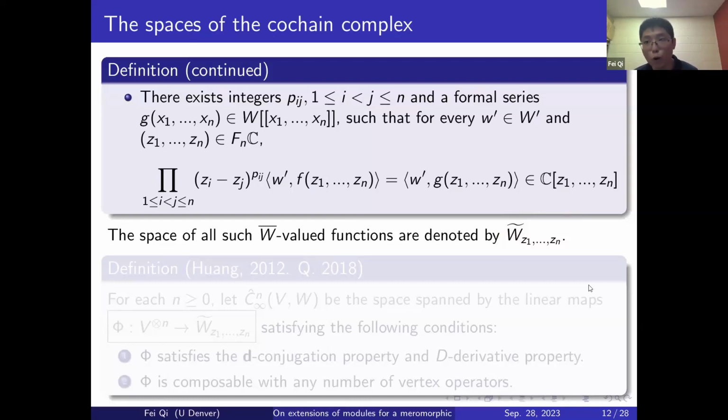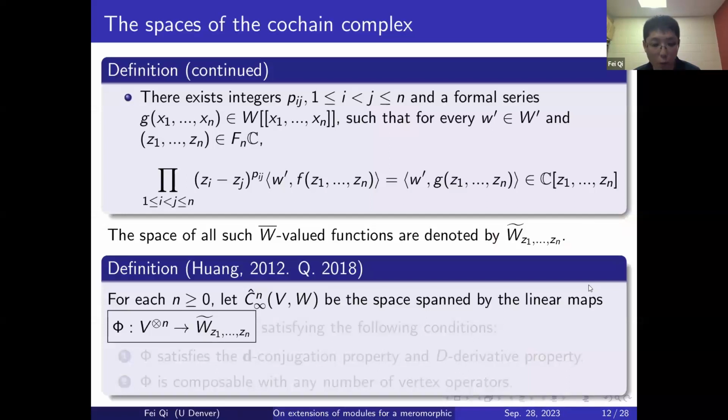Now, in order to define the cochain complexes, we will define it over the space spanned by linear maps from V tensor n to the space of W-bar valued rational functions. This is basically analogous to the Hochschild situation where you have multilinear maps to a bimodule.